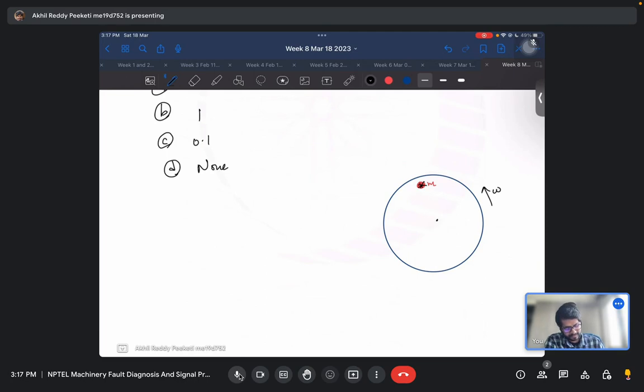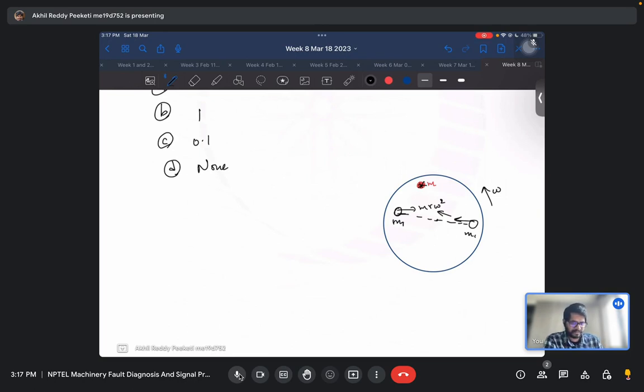So let's first look at some mass here, m1, and because this is a uniform disk, there will be an opposite m1. And what will be the centrifugal force on this? M r omega square. So on this also an equal force will act and these two will cancel out each other.